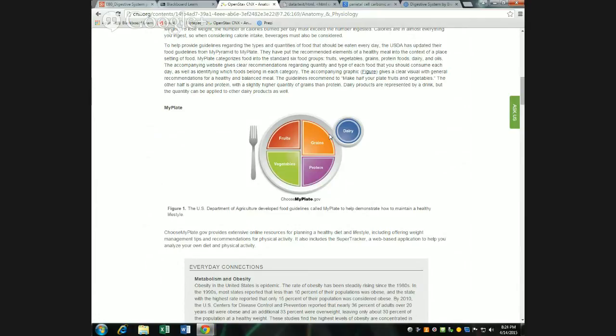So the idea here, looking at this plate, if you have this much of your plate taken up by fruits, and this much by vegetables, and this much by grains, this much by protein, and then they have dairy as a cup of milk off the side, you're getting a good balance of the various types of food that you can take in. So it's a good, easy way to kind of visualize nutritional needs based on what's on a plate right there.